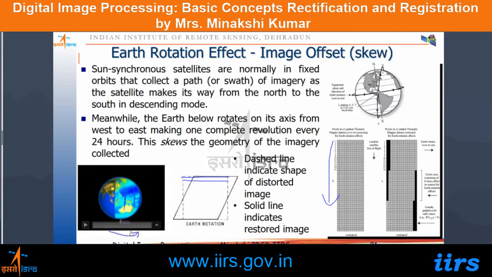But the image given to us is in this rectangular fashion, whereas each line should have been offset to the west, as shown here in the solid line. So we need to fix this Earth rotation effect. It's not an error, it's an effect, so we need to fix it by the step called image rectification.